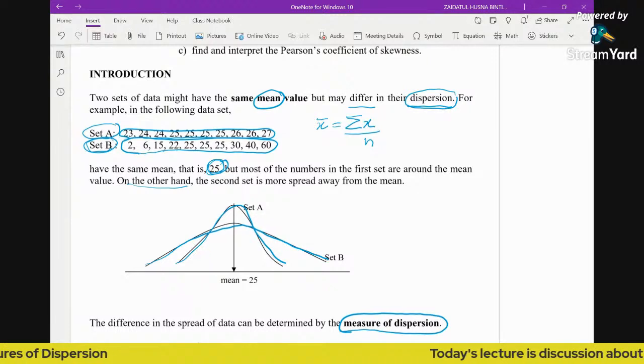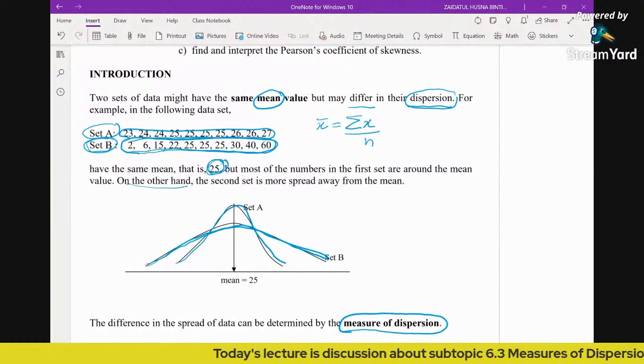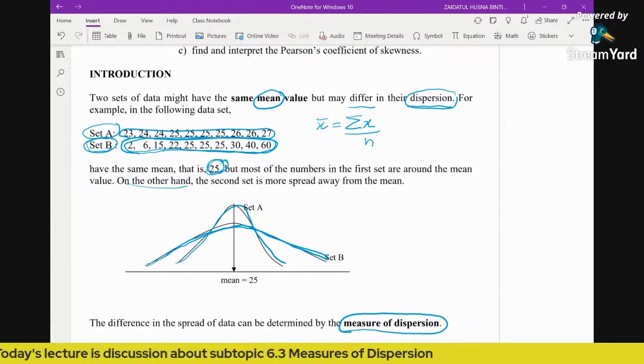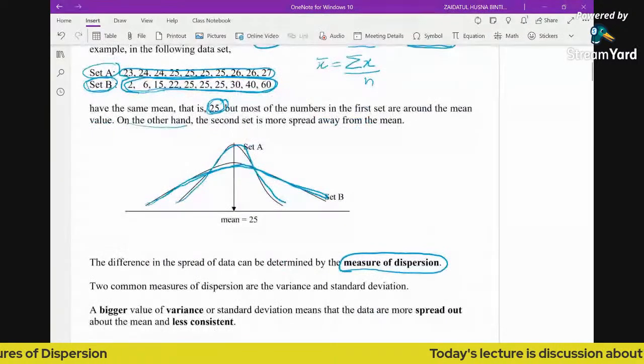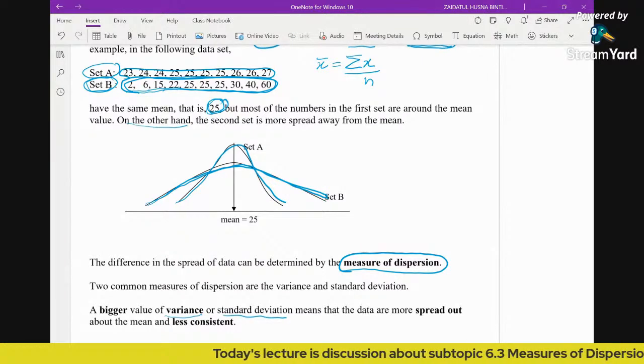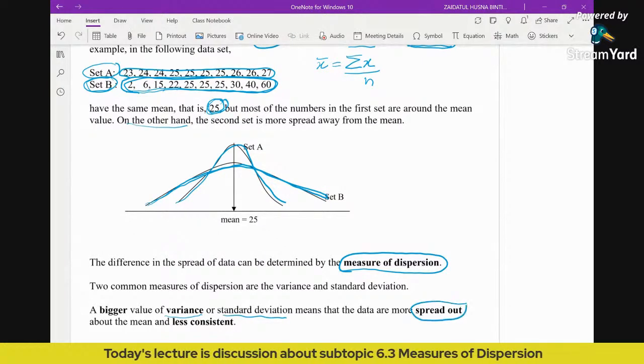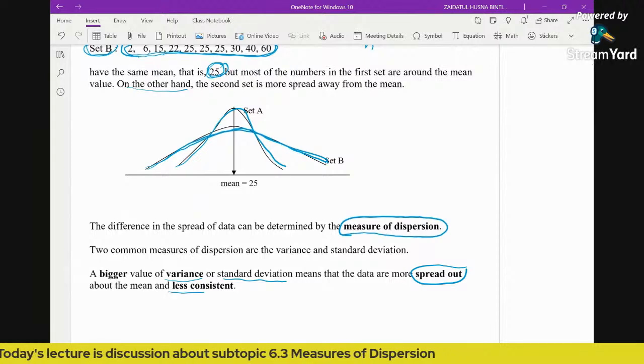Because you can see the values of the individual data here. If you try to find the difference between the data and the mean, we can see that there are quite big gaps between the values. A bigger value of variance or standard deviation means that the data are more spread out, and less consistent.